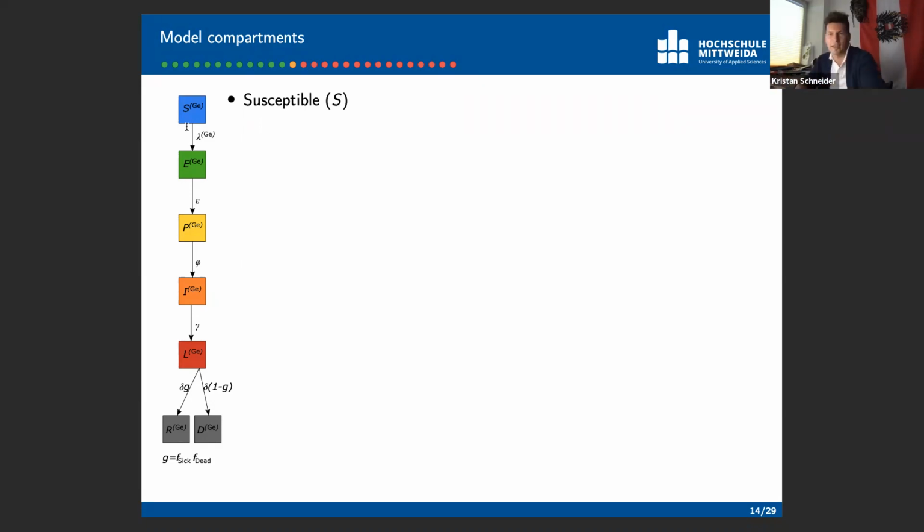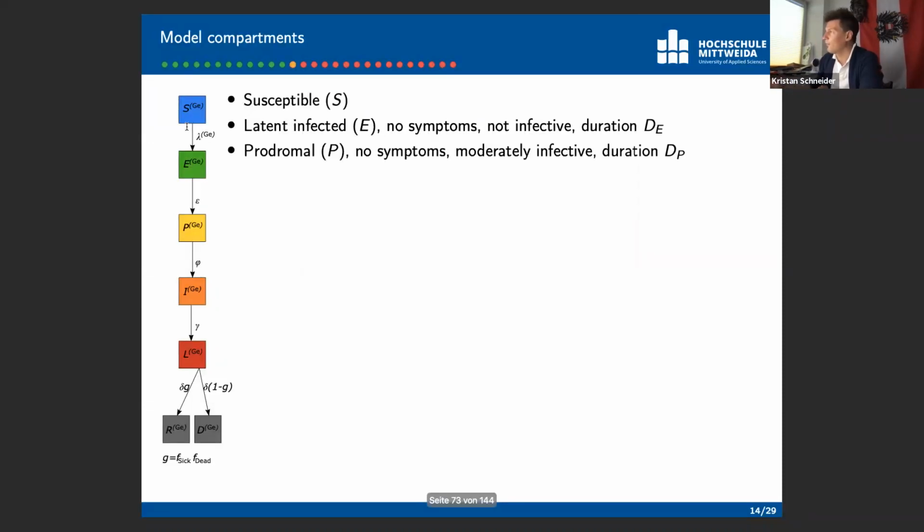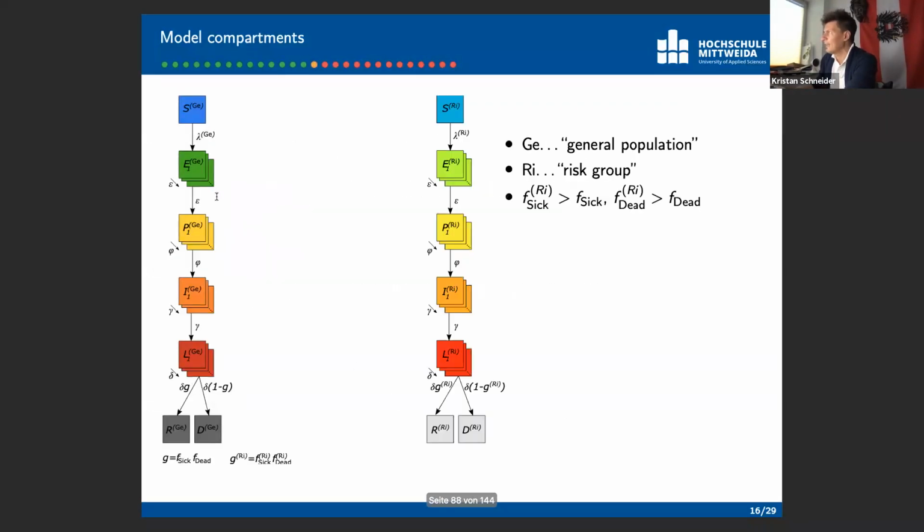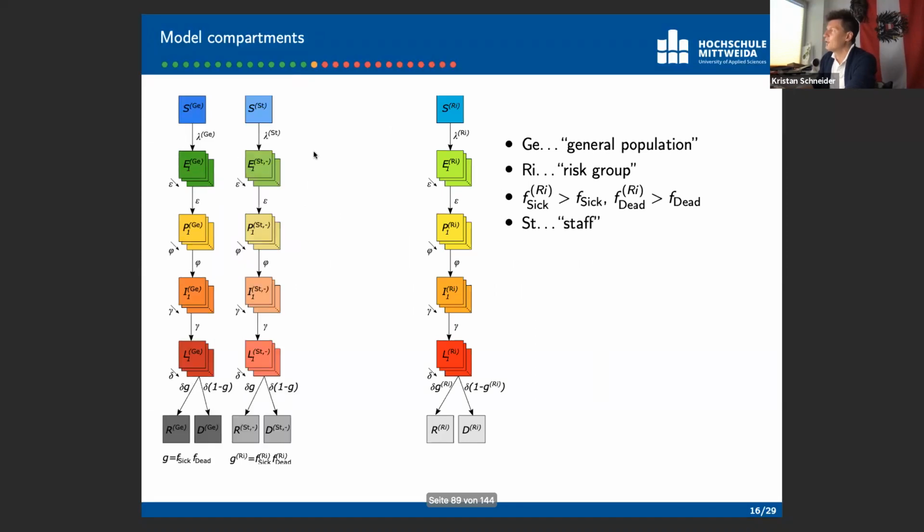Within 1 year, you can neglect it. So I already stripped some of those things to make it simpler. But what is important here, and I think we have it on one of the next slides, is that you need to distinguish between the risk group, the staff, and the general population.